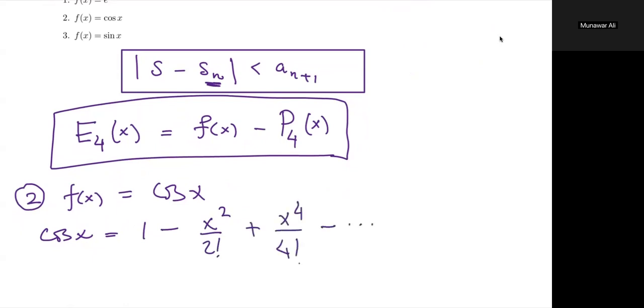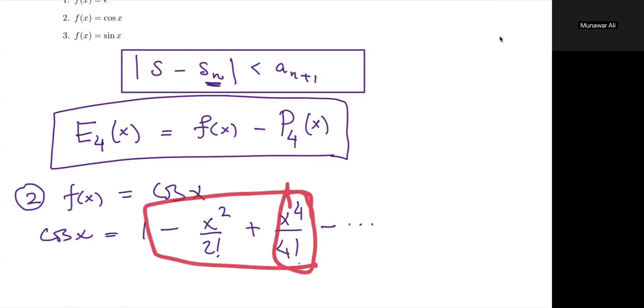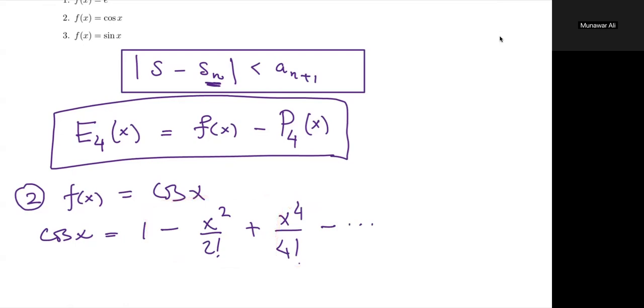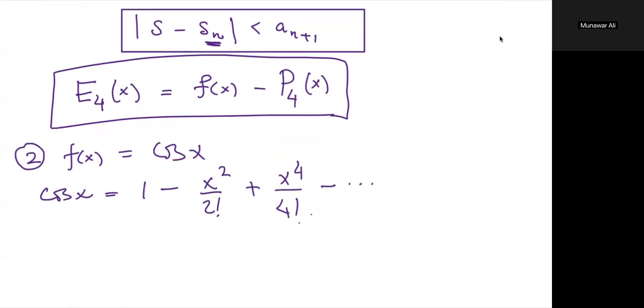You can see this is a degree 4 polynomial because the maximum degree is 4. But if you take this next term, maybe let me write x to the 6 divided by 6 factorial, this is called S3 because this is only the sum up to 3 terms.